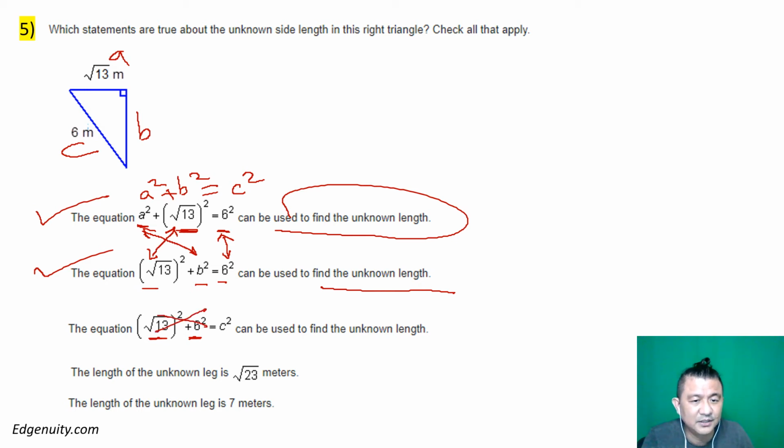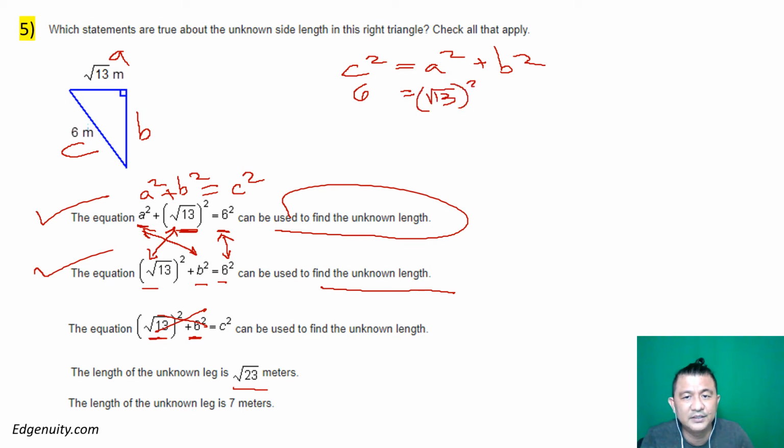The length of the unknown leg is the square root of 23 meters. Oh, we don't know yet. Let's solve it then. C squared is equal to A squared plus B squared. So let's write it down as 6 is equal to the square root of 13 squared and then plus B squared.